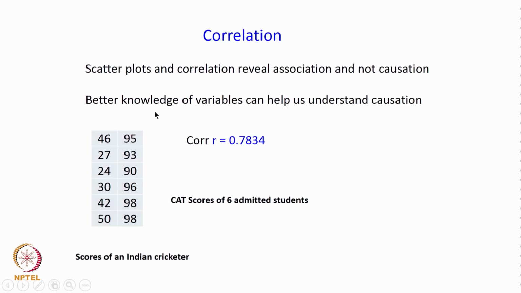So, better knowledge of variables can help us understand causation. Scatter plots and correlations reveal association, they do not tell us causation. For example, I can apply the math and calculate a number, but how well I interpret the number will depend on the variables that we are studying, and it is important to know those variables first before we even attempt to find whether there is a cause and effect between these two variables.